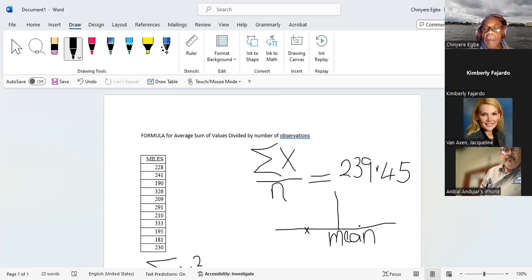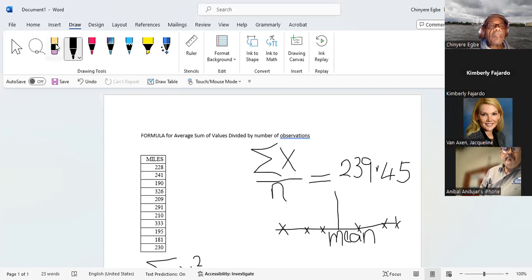Some of them bigger than the mean, some of them smaller than the mean. And so you have values here, values there, and some are far away, some are close by. These are all values of the variable, but the mean is in the center of the values of the variable.